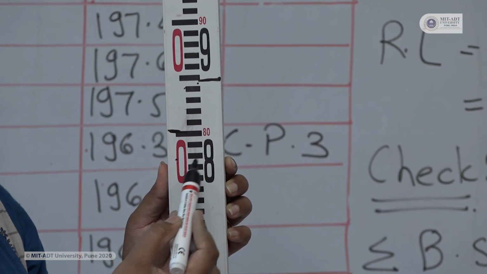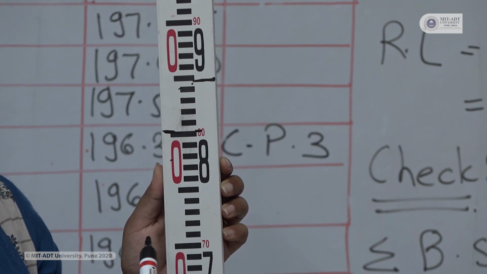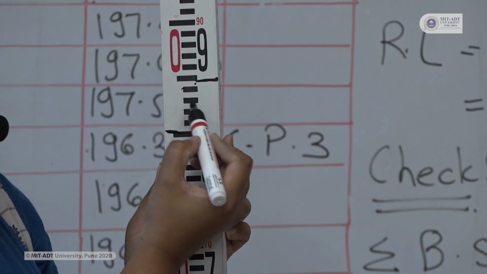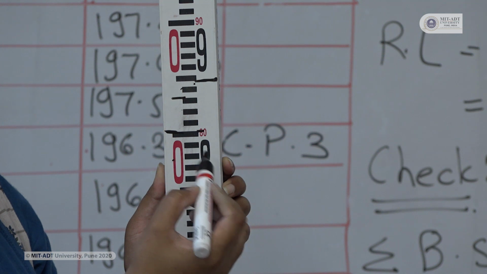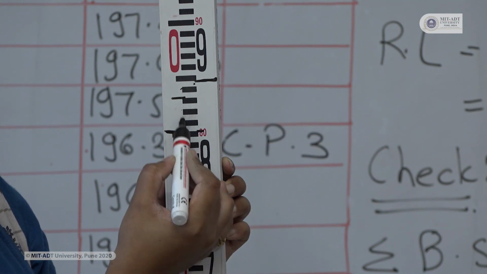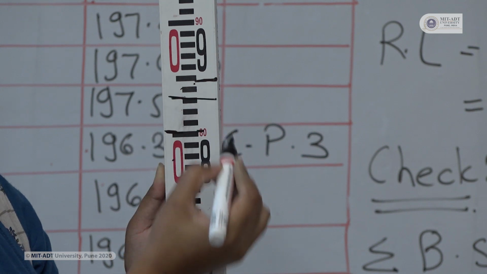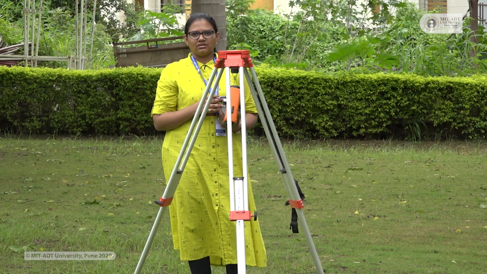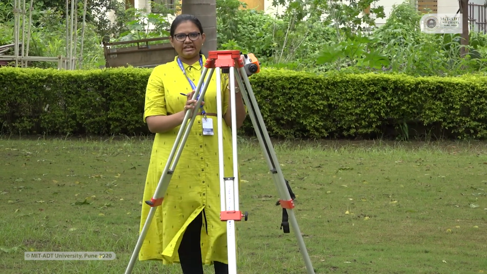Here we are completing the 0.8, that is 80 centimeter. So that will be our reading. Suppose I have to take the reading at this point, then my reading will be 0.8, 10, 20 and 30. So our reading for this point will be 0.830.